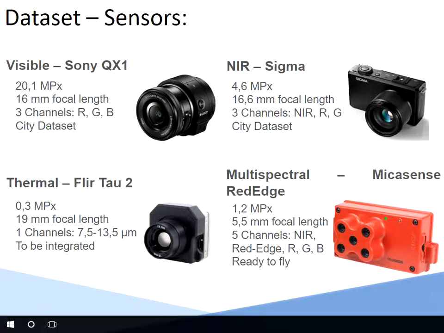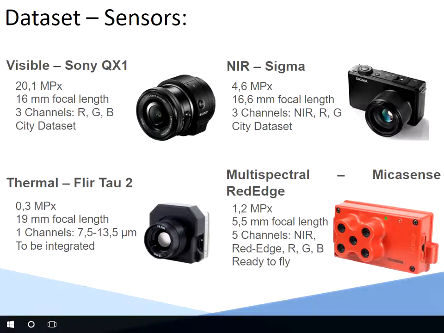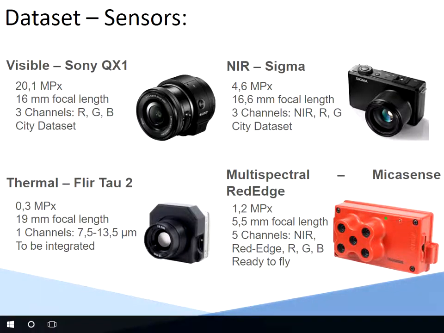Also now we have just integrated the MicaSense, that is a multispectral camera that has the near infrared, the red edge, and also the 3 visible channels, but with very narrow bands. It's a camera that is intended for agricultural applications. And also now we are trying to integrate the new Tau2, so we can also get thermal imagery.